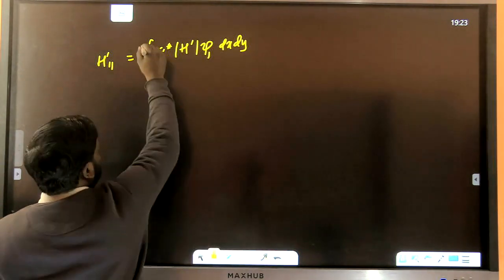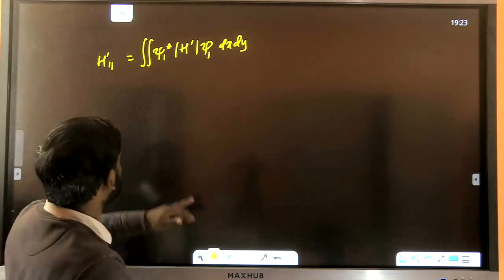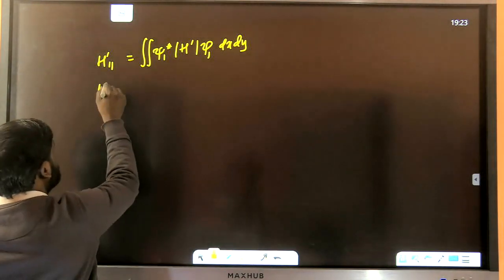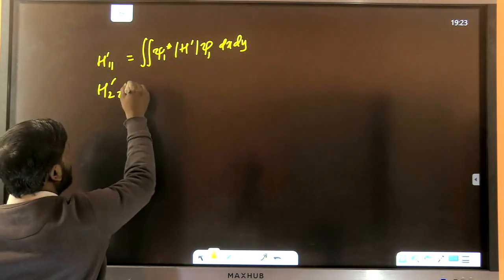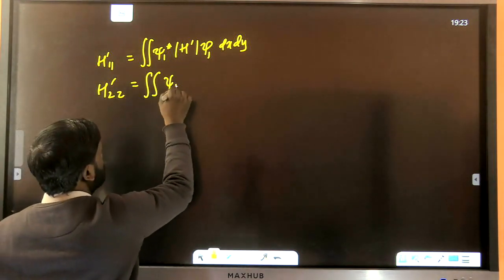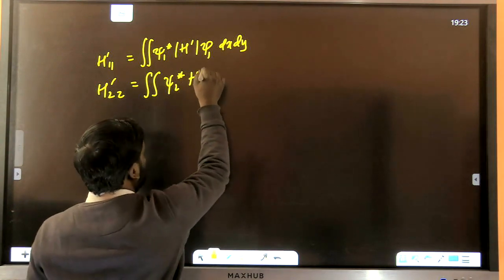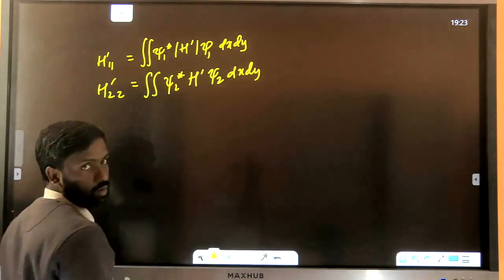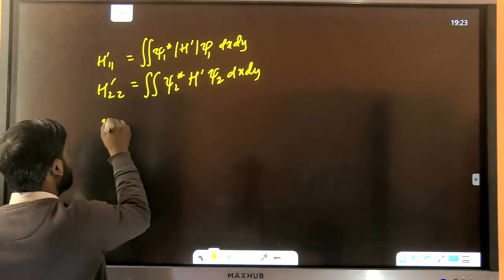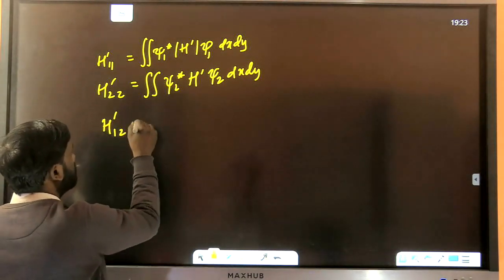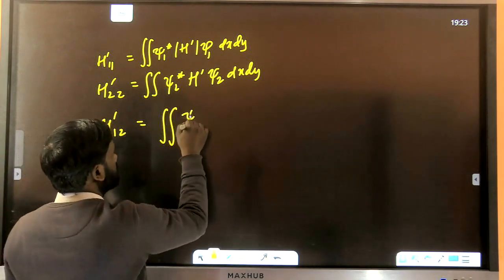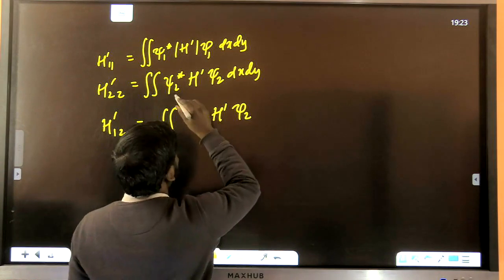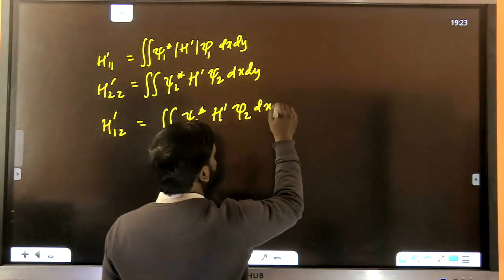Similarly H'22 is the integral of psi2 star, H', psi2, dx dy. And H'12 is the double integral of psi1 star, H', psi2, dx dy.